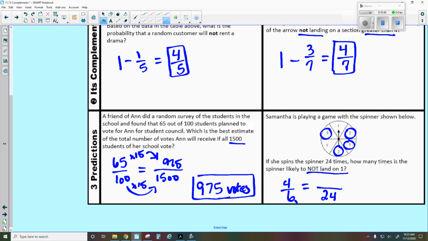Okay, and so I see a relationship here that we can multiply by 4. So we're going to multiply the top by 4. 6 times 4 is 24. So 4 times 4 is 16. So that would be 16 times.